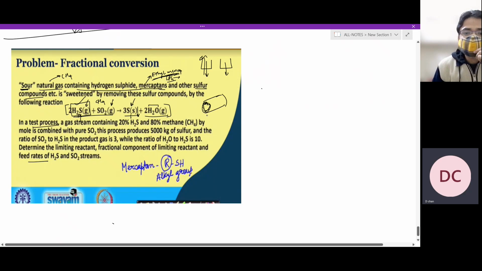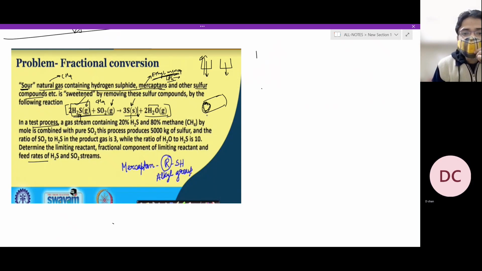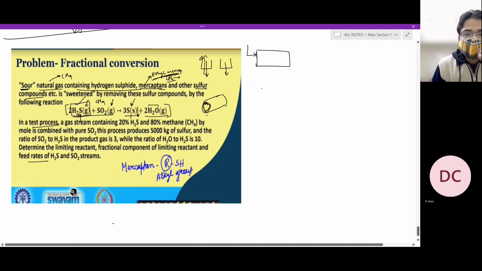This is the test process. In this process, for example, we are supplying a gas stream of maybe natural gas, which also contains H2S additionally. And we are flushing everything with an SO2 excess in a gas chamber.